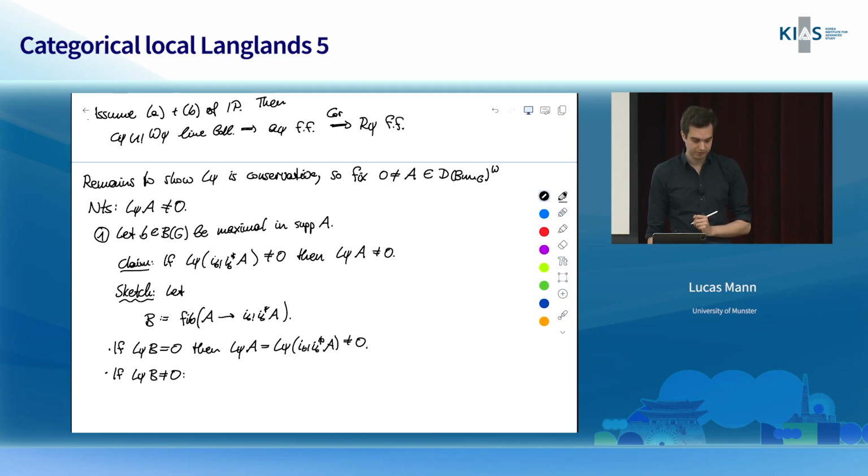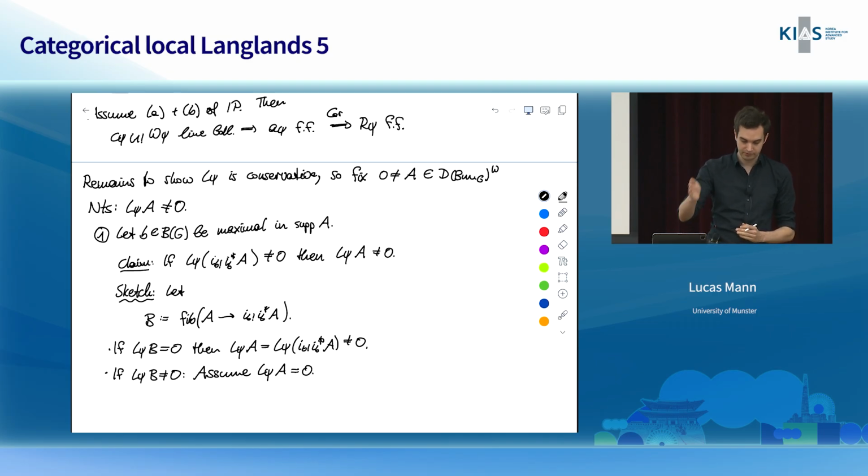Let's assume for contradiction that L psi of A is 0, which we want to show cannot happen. But a priori it could happen, right? Even though it's non-zero on this last piece, what could go wrong is that somehow L psi on the rest of the support of A gives you something that for some weird reason kills exactly the stuff that L psi maps the minimal piece to. And we have to rule out that this can happen.